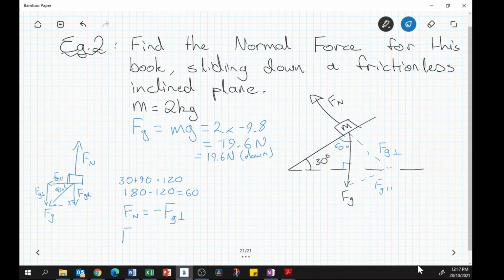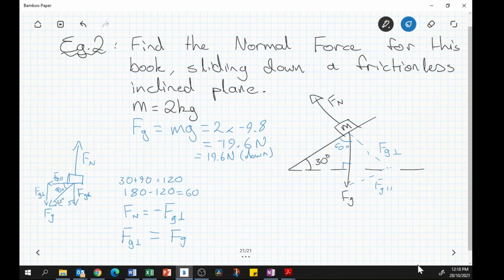So let's find Fg perpendicular. Fg perpendicular is equal to Fg times by sine or cos, depending on whether it's opposite or adjacent, all right? And this is where that little trick comes in. So this triangle here, we've got Fg perpendicular over here or over here. You can imagine it either side, it doesn't matter. I don't mind which triangle you do it for, it's the same either way.